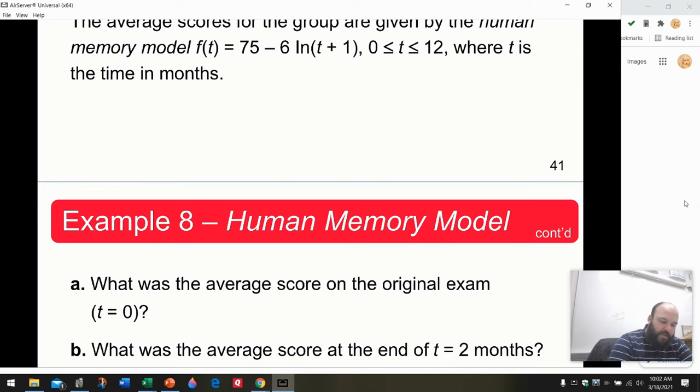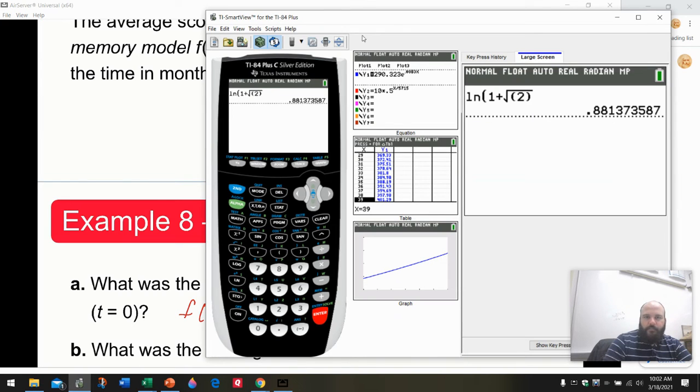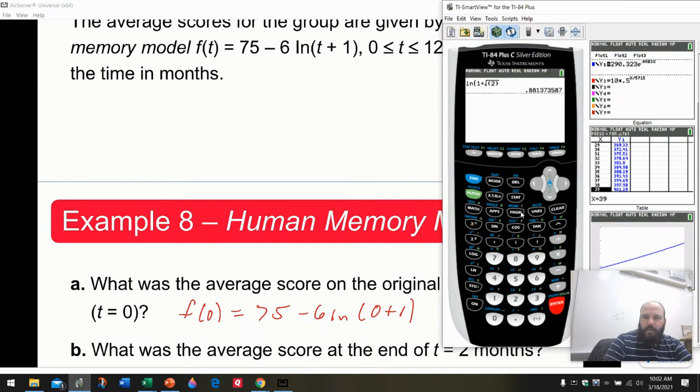So we are going to take the function and substitute 0 in for that. 75 minus 6 natural log of 0 plus 1. So now we'll take our graphing calculator and we will type that in. 75 minus 6 times natural log of 1.